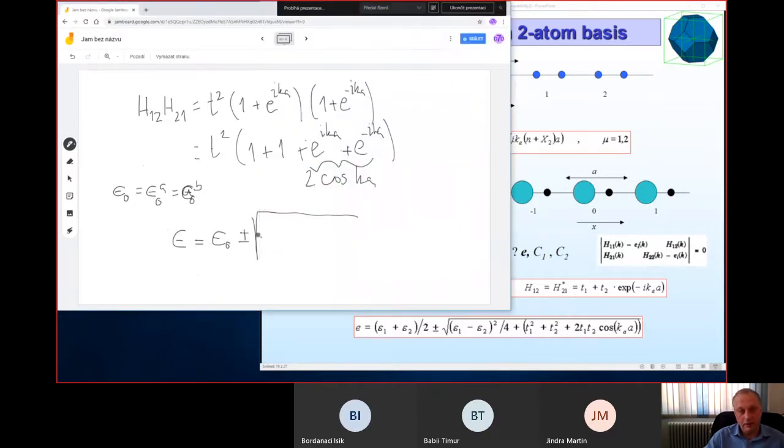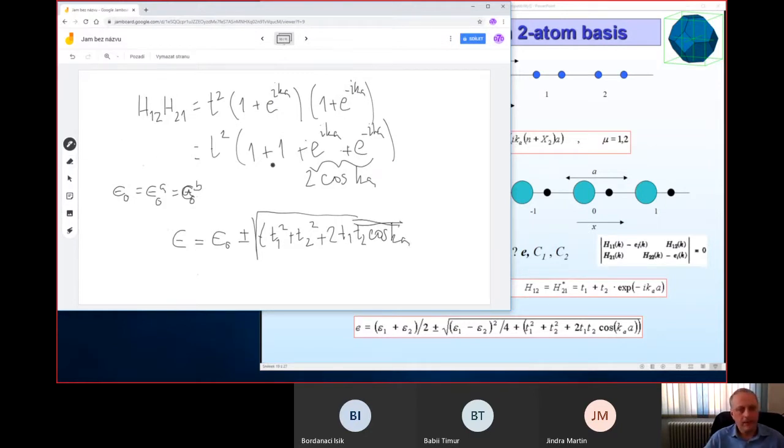So T1 square plus T2 square plus 2 times T1 T2 cosine of ka.